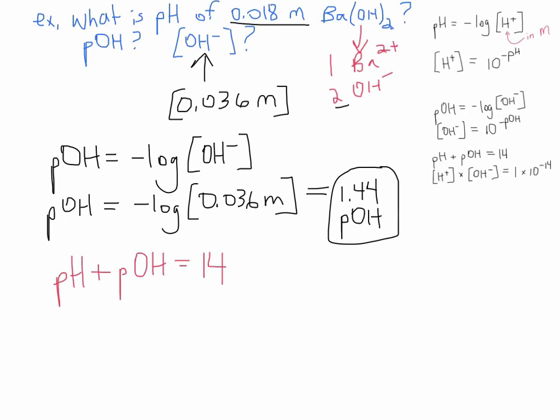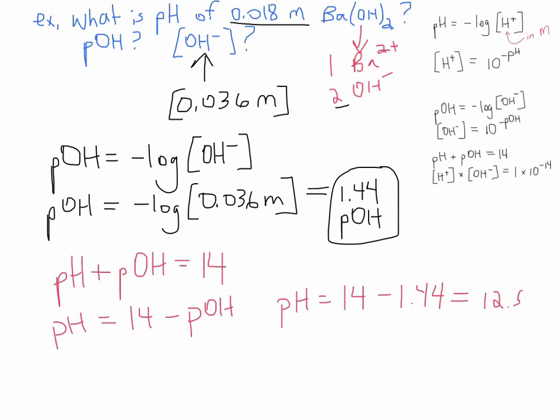So if we know our pOH is 1.44, the pH is equal to 14 minus the pOH, or pH is equal to 14 minus 1.44, which is going to give us 12.56. So that right there is our pH of this strong base of 0.018 molar BaOH2.